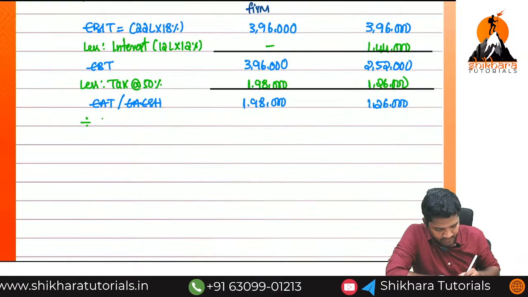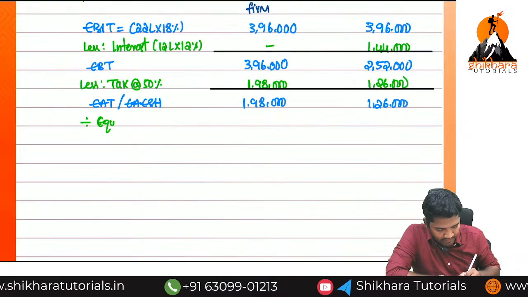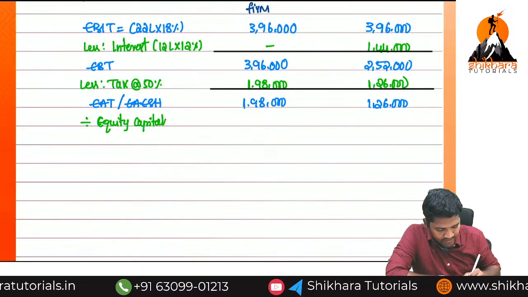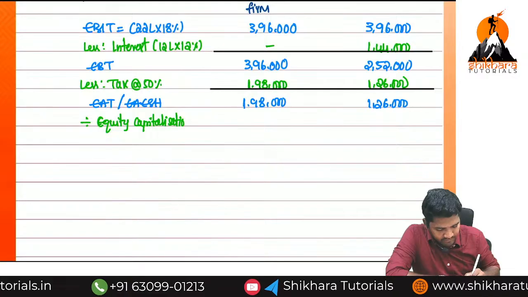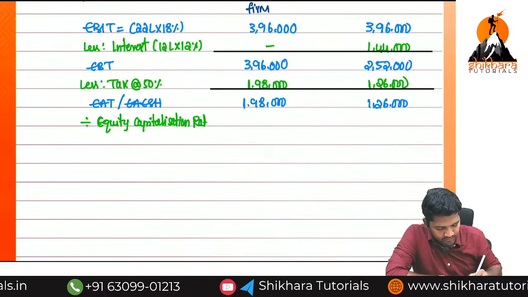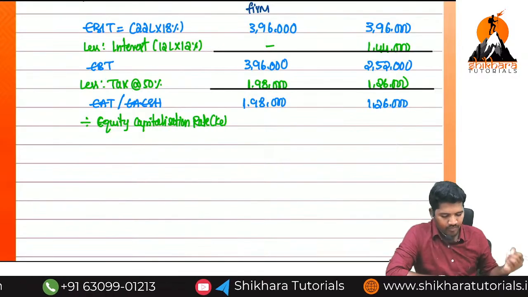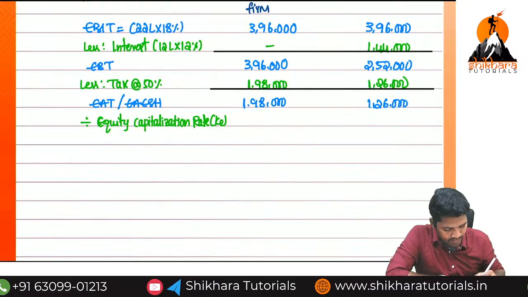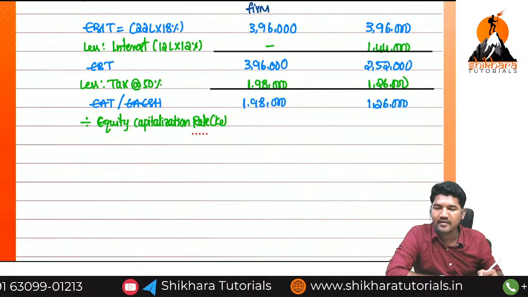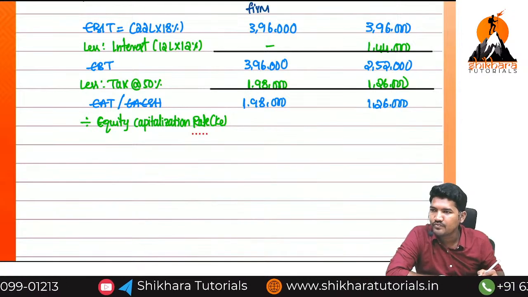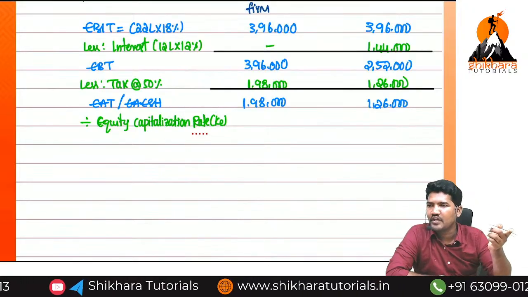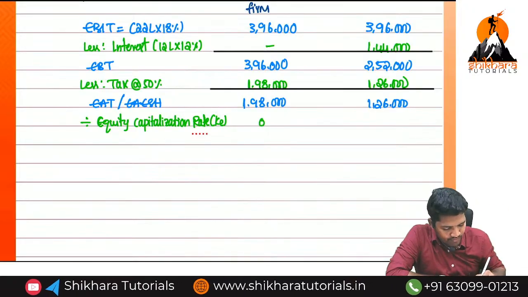Divided with the equity capitalization rate, that is nothing but KE. Now please tell me the KE given in the question. 14%. For which company, A limited or S limited? Both. Equity is common, KO is not common. Are you clear, sir? So 0.14.